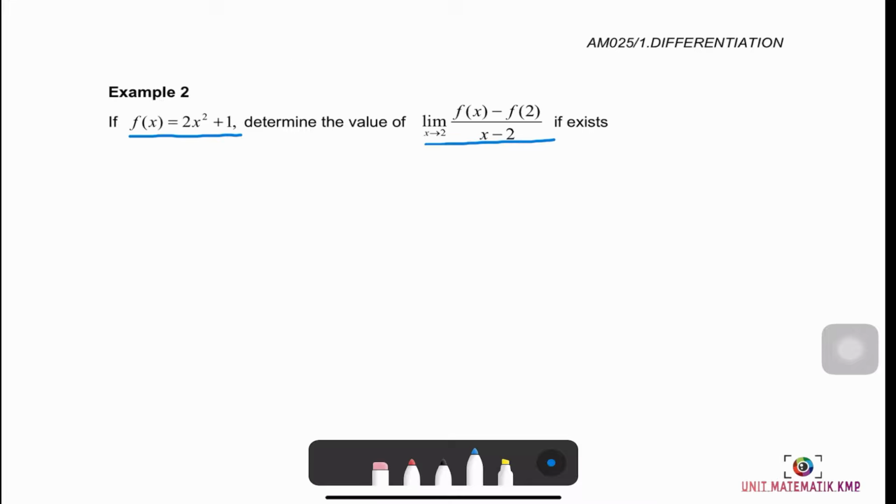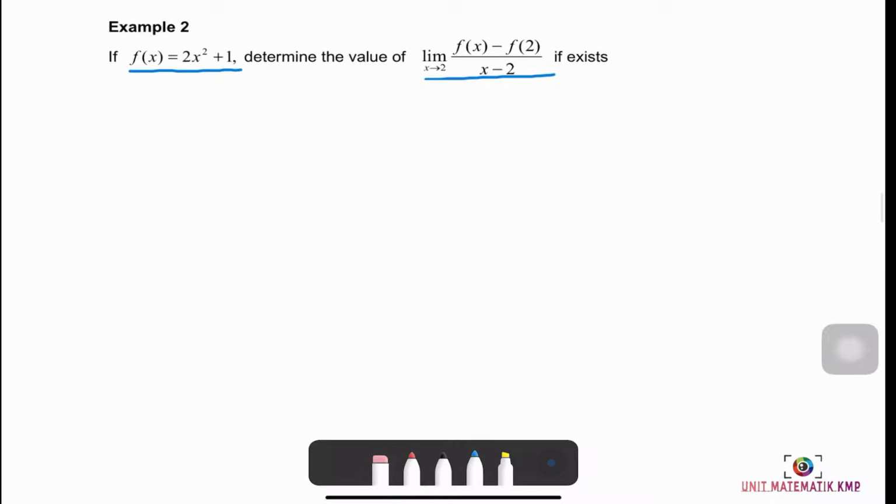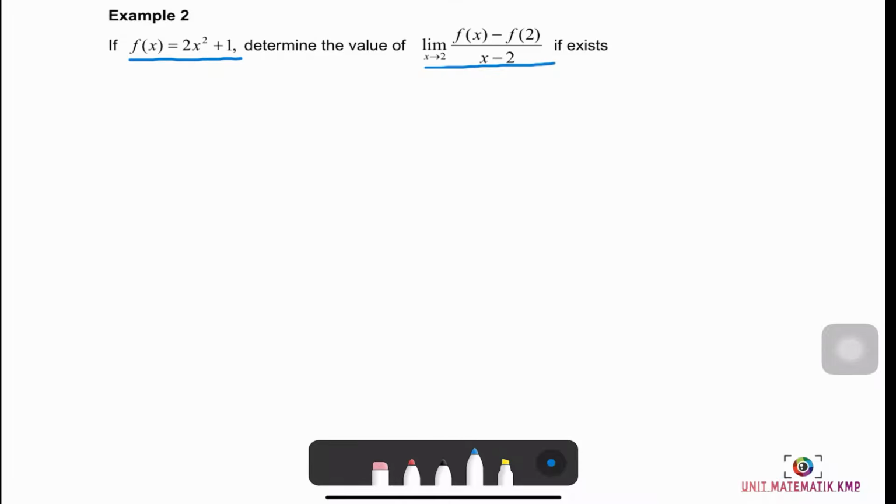How do we find f(2)? We substitute 2 here. So we will have f(2) equals 2 squared plus 1. And we simplify this. This equals 9.